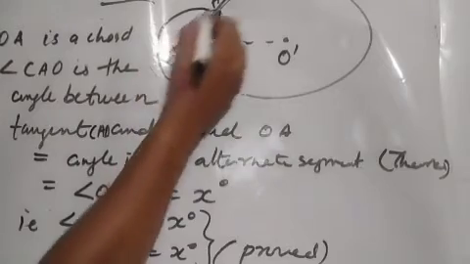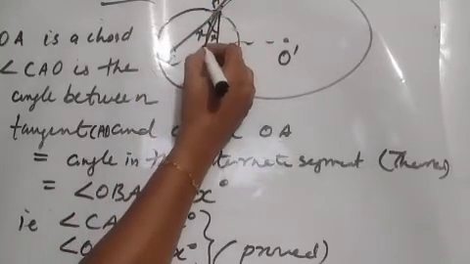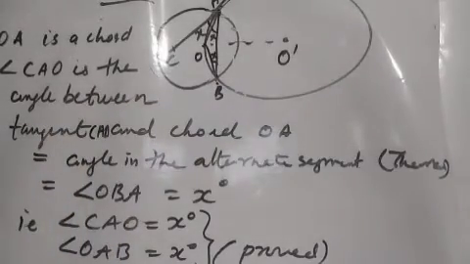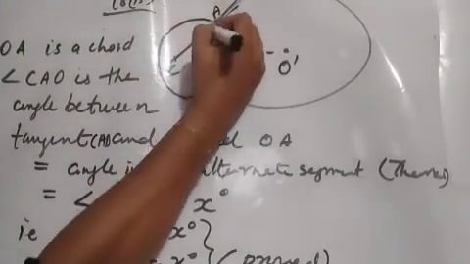CAO, OAB. They are equal, no? What is the meaning?